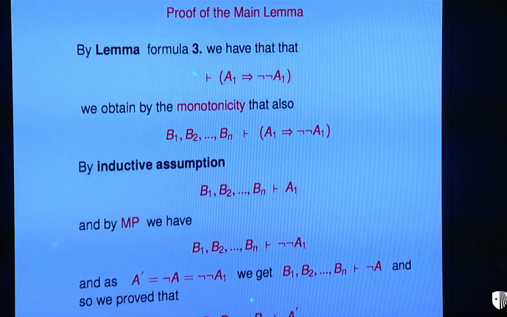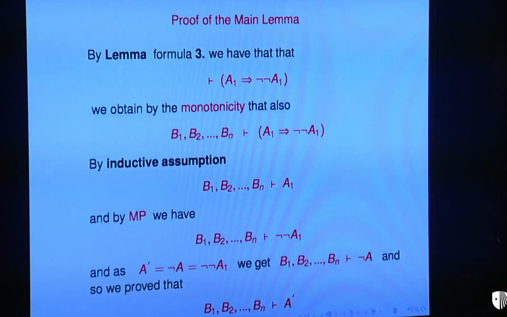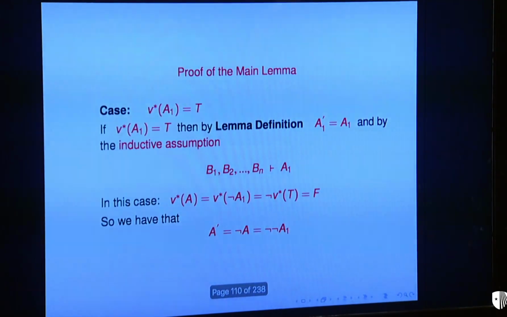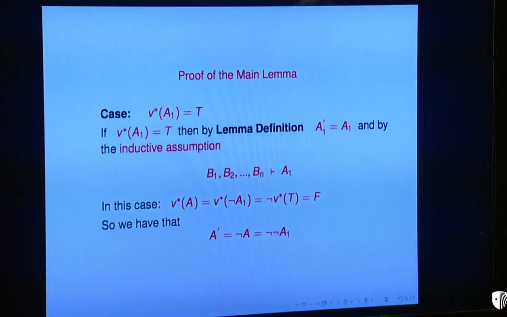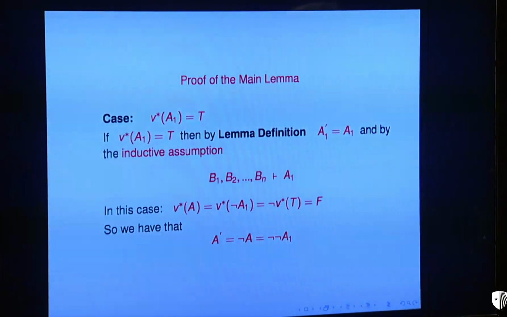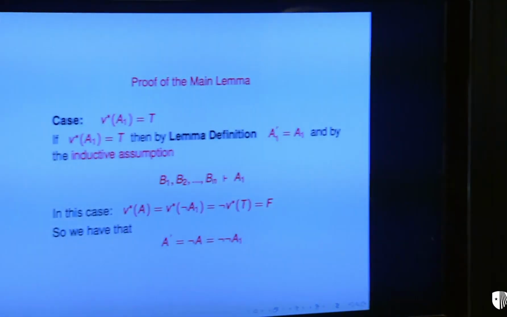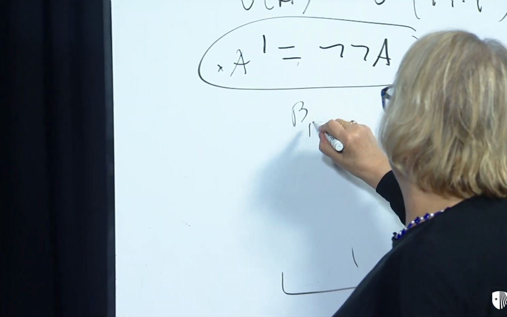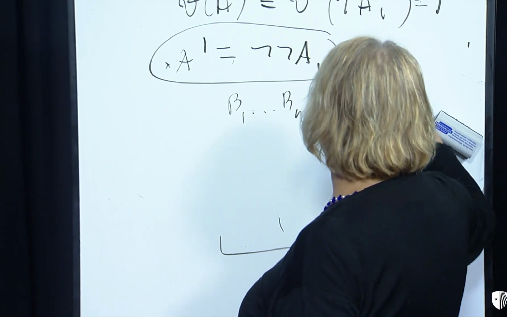Now, I want to bring this. I have that A prime equals not A1, and I want to prove that B1, ..., Bn proves A prime, right?